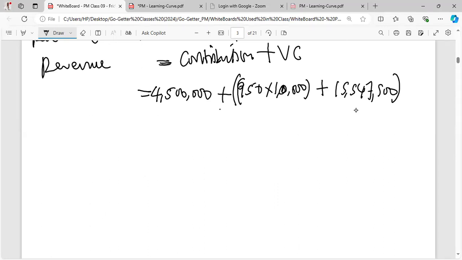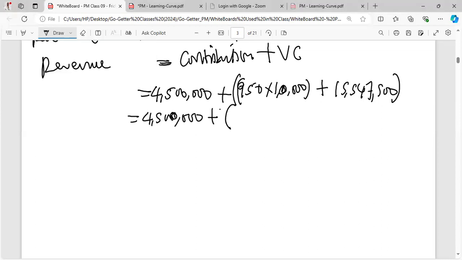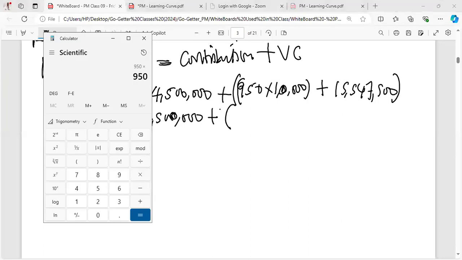4,500,000 plus this bracket is still here. 950 multiplied by 10,000.